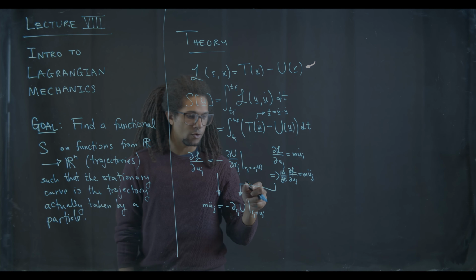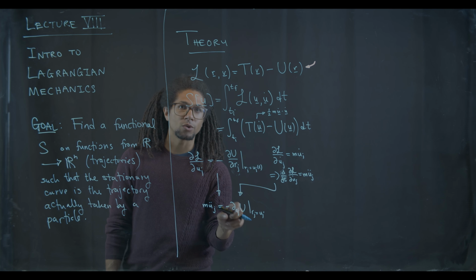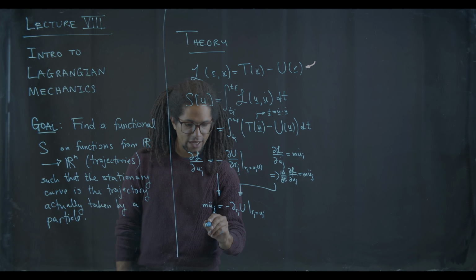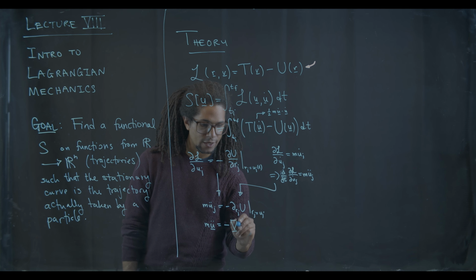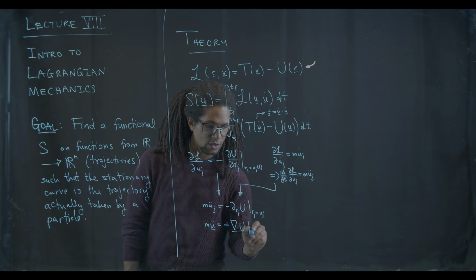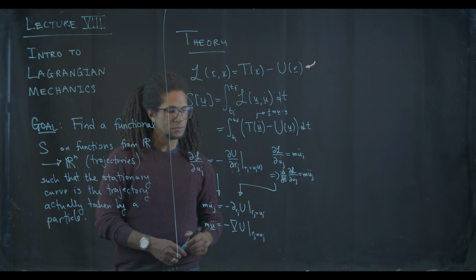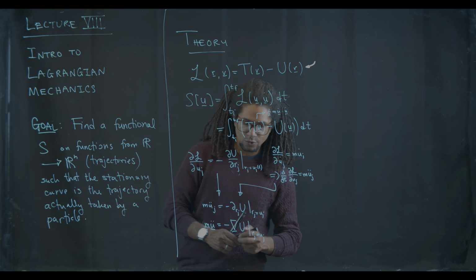However, when I make the vector in rectangular coordinates that involves all of the partial derivatives, well, that is the gradient. So by definition, what I get here is m u double dot is equal to minus the gradient of U evaluated at u_j. But this is Newton's second law.